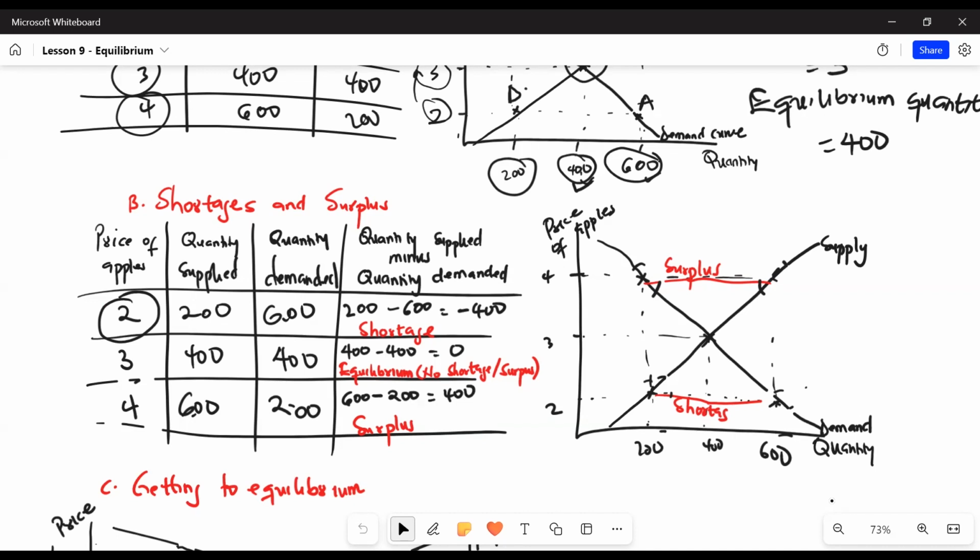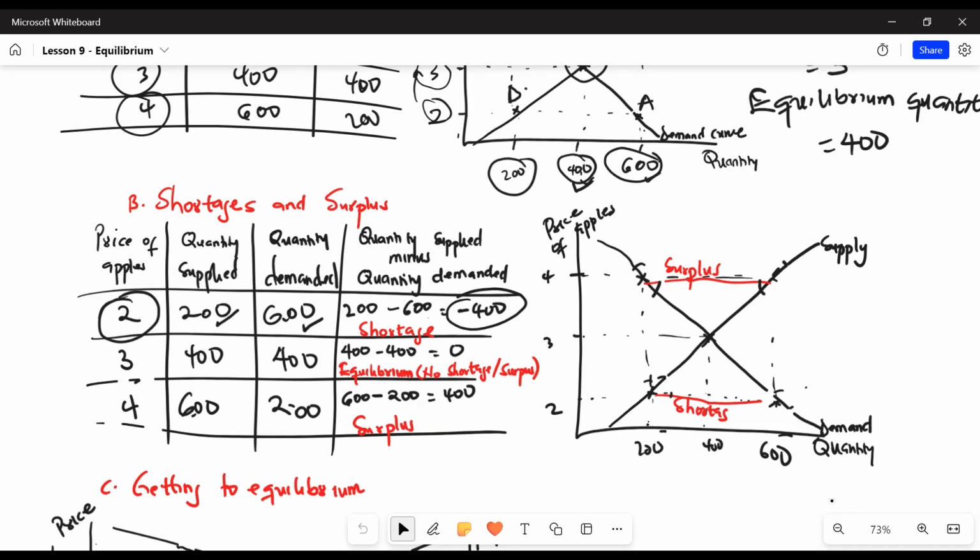At price equals 2, quantity supplied is 200, but quantity demanded is 600. When you subtract quantity supplied from quantity demanded, you end up with a shortage of 400. Shortage here means that the quantity demanded is more than the quantity supplied.